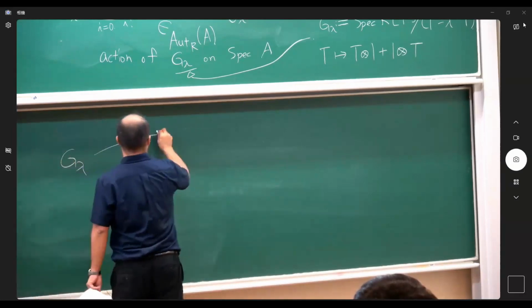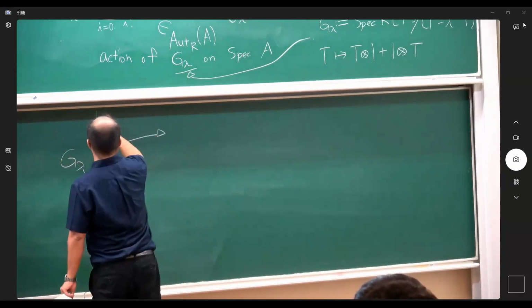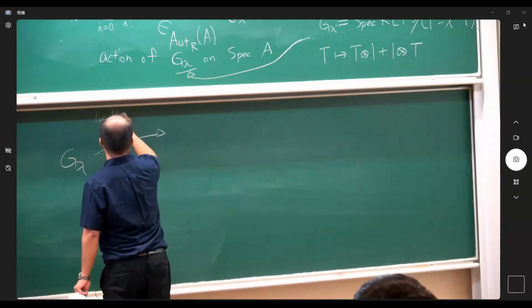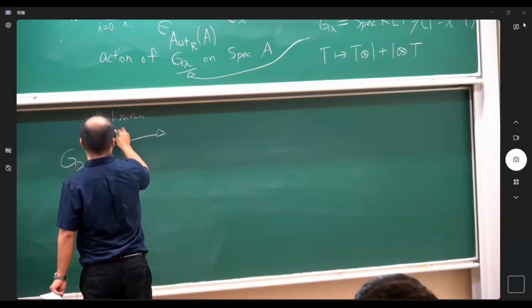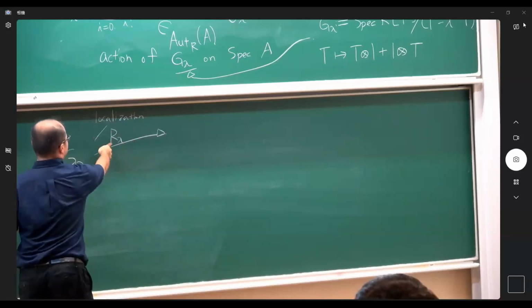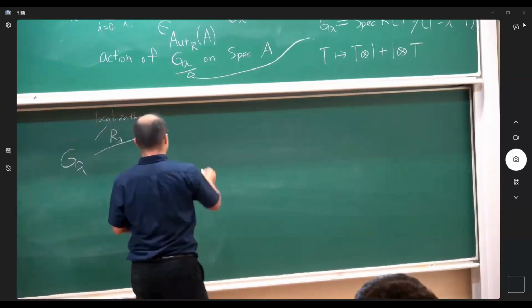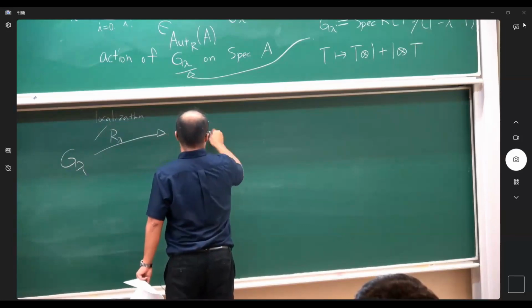If we localize over R by lambda, it is Z over pZ.